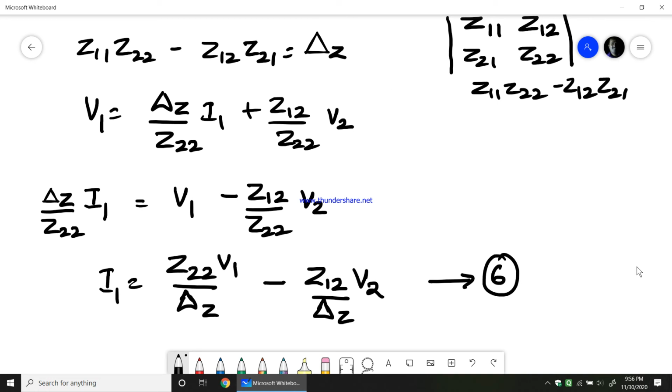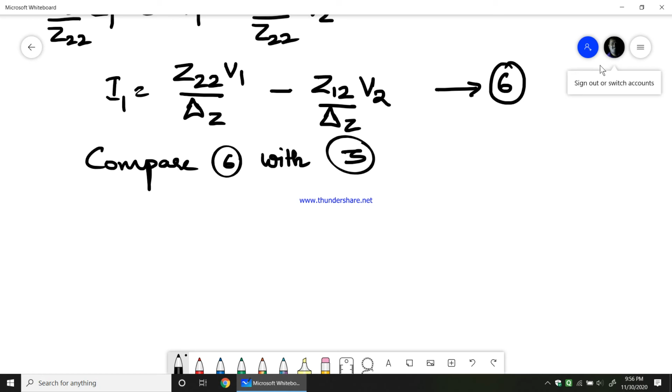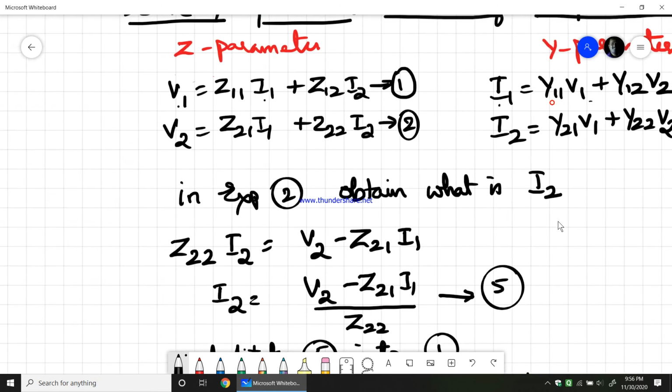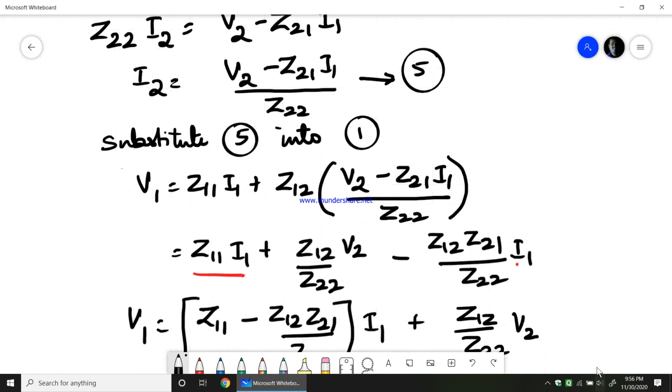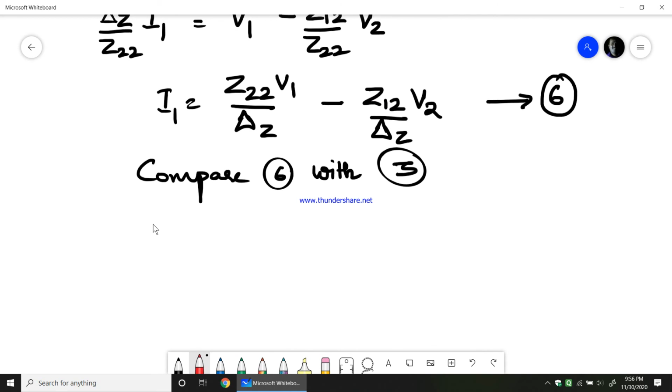Now if you compare 6 with the third equation, what is the third equation? The I1 Y parameter first equation. So I'll just write that Y parameter equation separately here, which is nothing but I1 equals Y11 V1 plus Y12 V2. So if I compare this equation with this equation, left hand sides are equal, so the right hand side terms should also be equal.